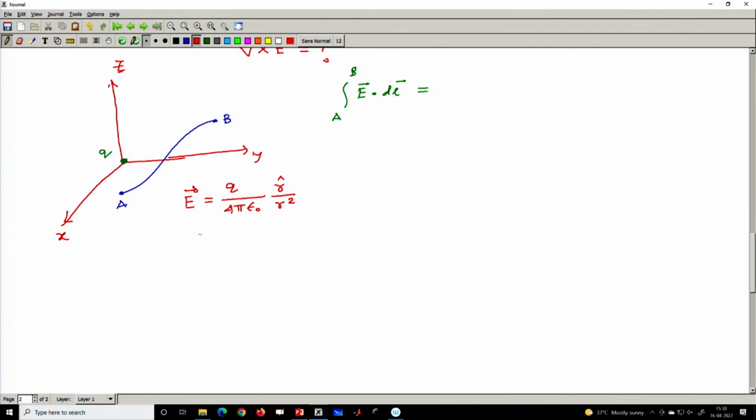So you can see that the electric field is given as a function of r. That means it is in the spherical coordinate system.